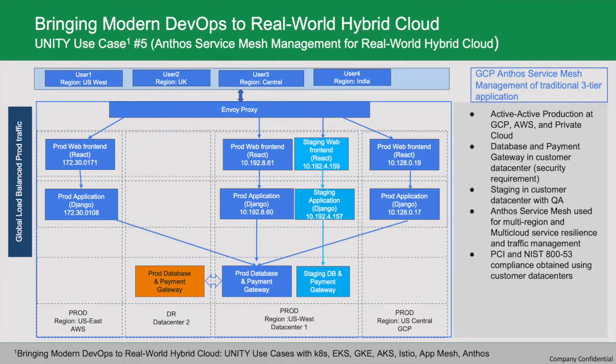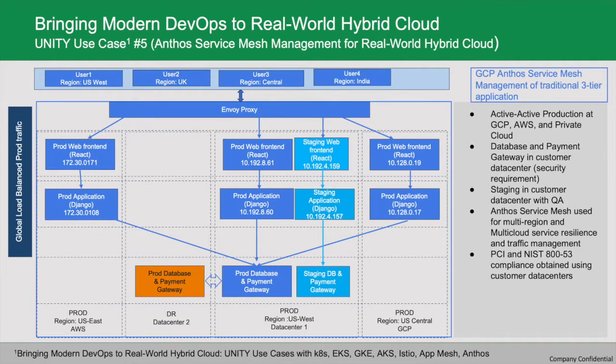And Envoy was implemented as a sidecar proxy, and Anthos Service Mesh was implemented to deliver service resilience across service layers and across regions.